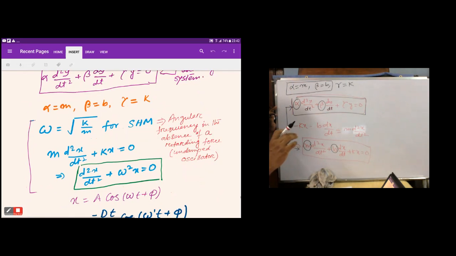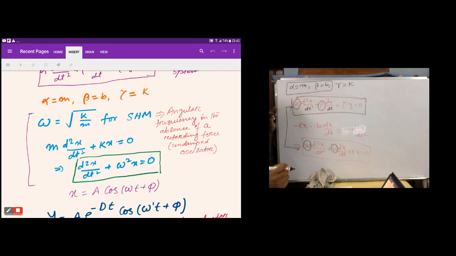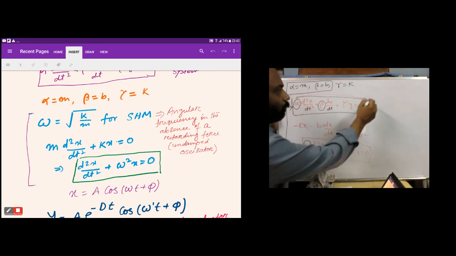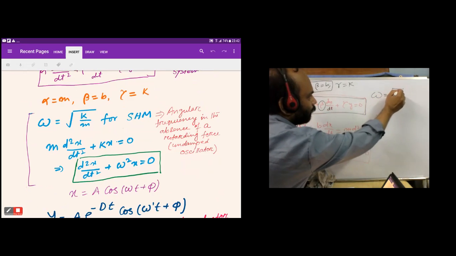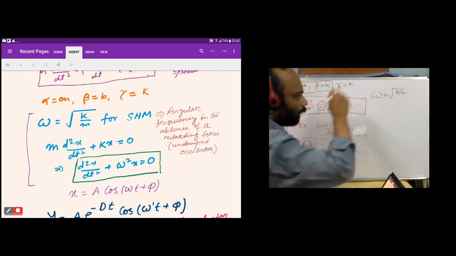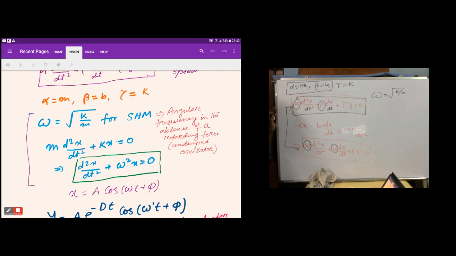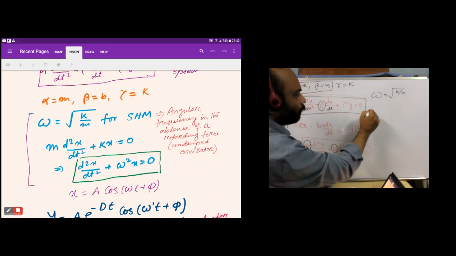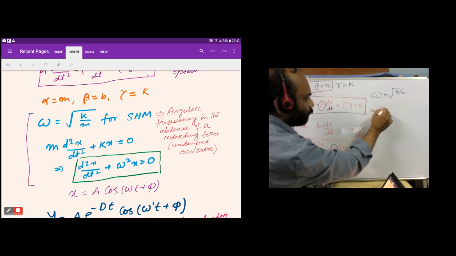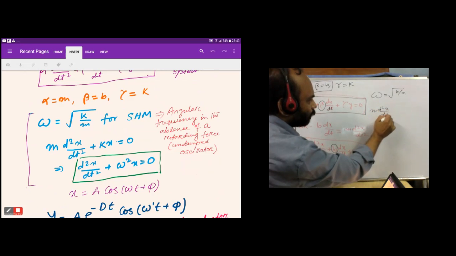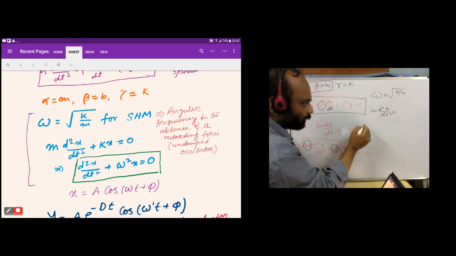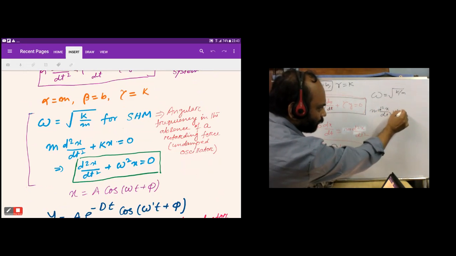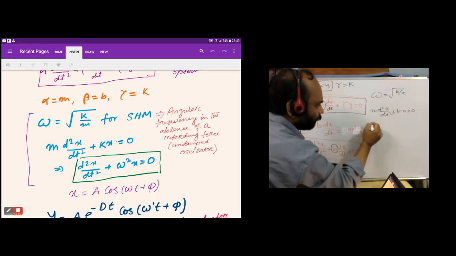A little bit more, we know that omega is equal to the square root of k by m, the angular frequency for simple harmonic motion. The equation of motion is m d2x by dt square plus kx equal to 0.